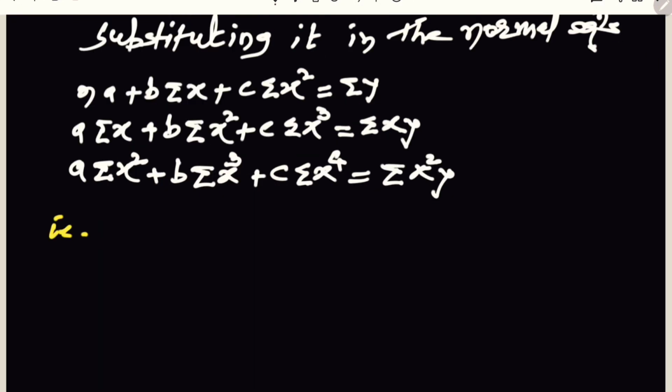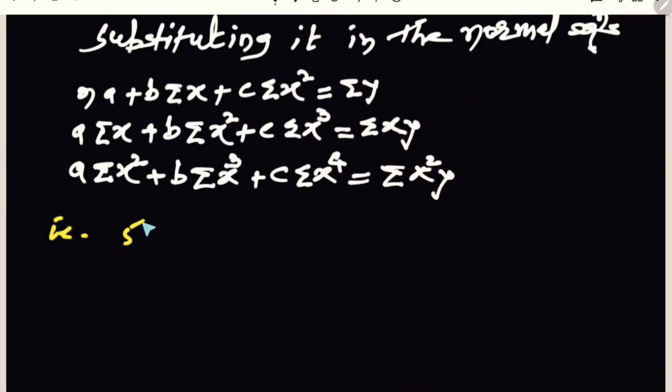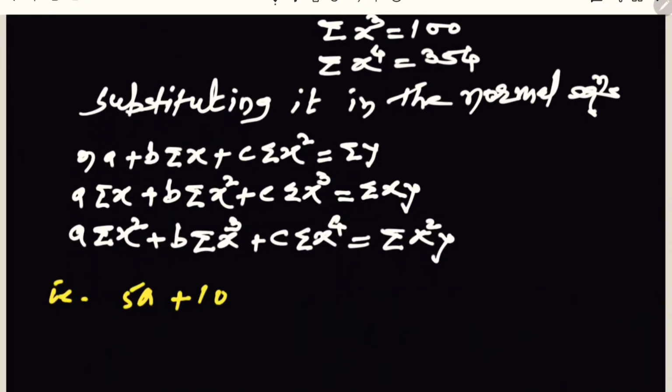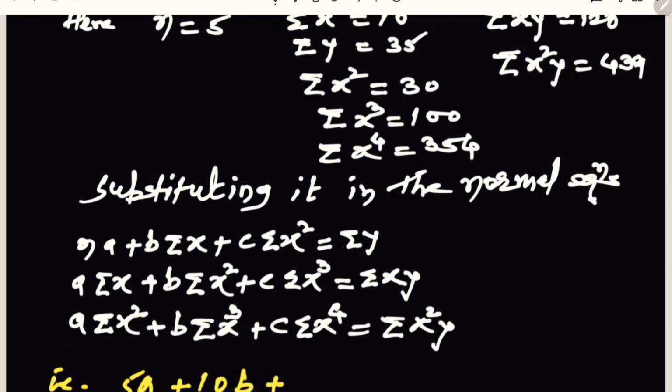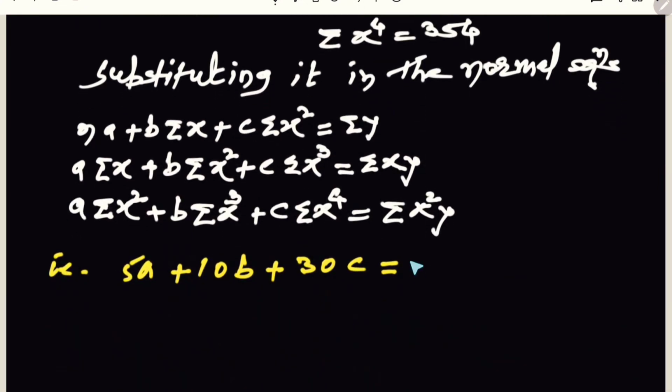Substituting values, n as 5, we get 5a plus summation of x is 10, therefore 10b, summation of x square is 30c, is equal to summation of y, which is 35.